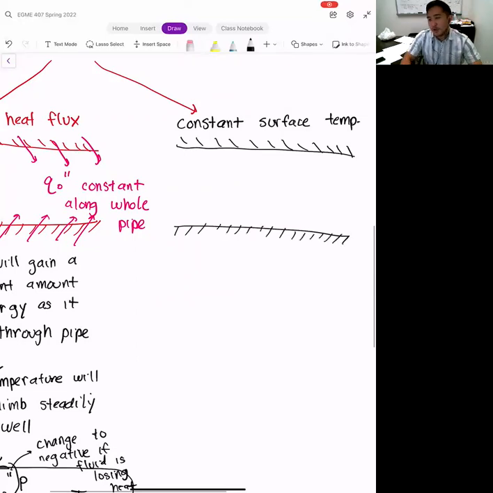And so when I say surface temperature, what I'm referring to is the temperature of the walls inside the pipe, right? And so if we measure the temperature here, we call this TS, right? This TS is going to be the same all throughout the entire pipe. Okay.